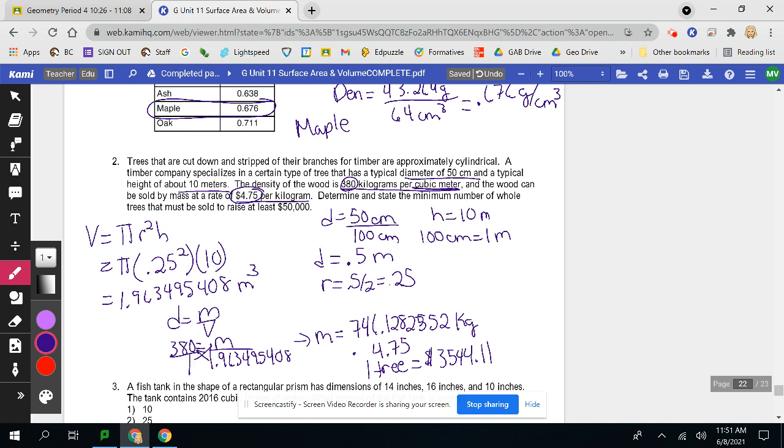So to find out how many trees get 50,000, I do 50,000 divided by 3544.11, and I get that I need to sell approximately 14 trees, a minimum number to make at least that much. So actually, since it's 14.10, I'm going to say that I need 15 trees, because we're okay if we make more than 50,000, but we need to make at least 50,000.